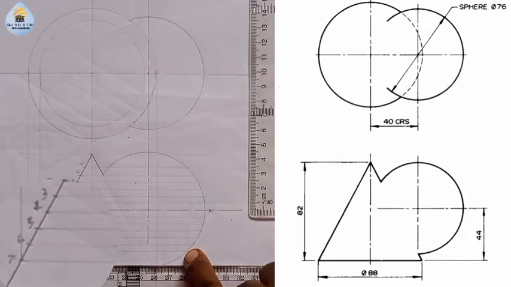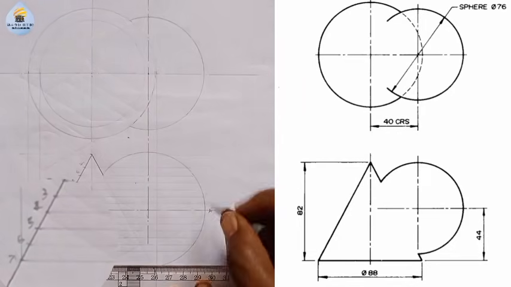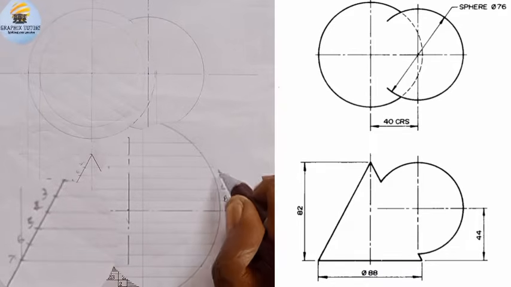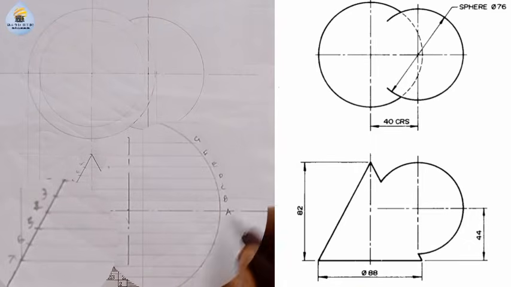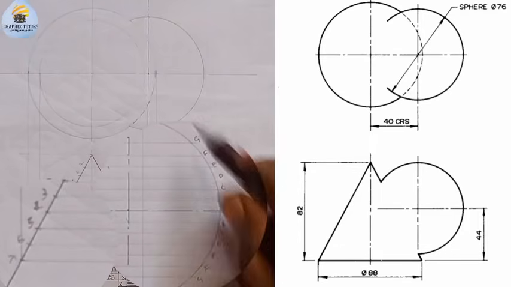I'll come here and project this 7 here also. So this is A, I'll call it B, C, D, E, F, and G. A, B, C, D, E, F, and G, just like that.